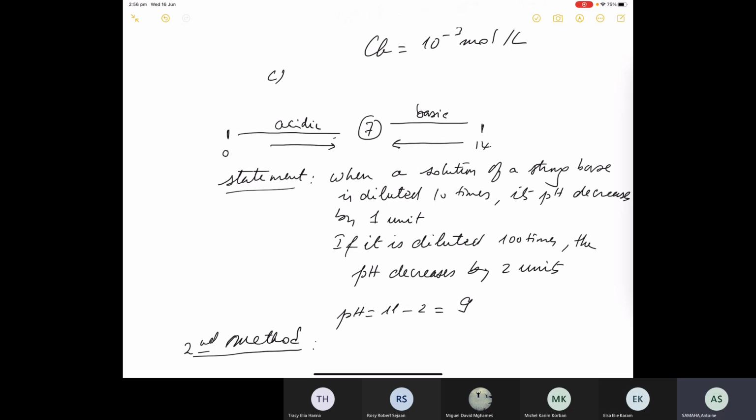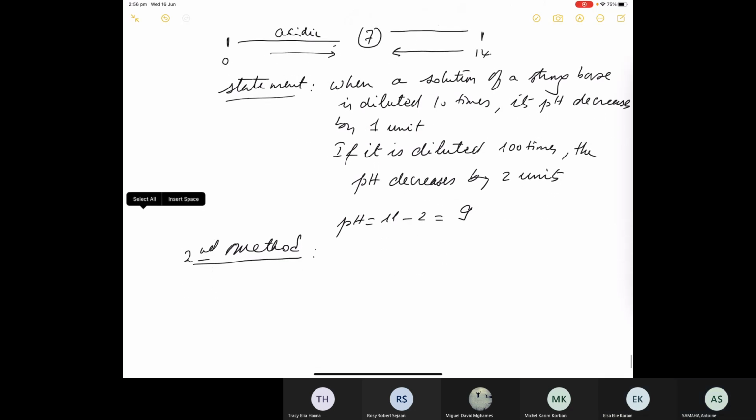Let's do the second method together. We have C0 V0 equal to C prime V prime. C prime is equal to C0 V0 over V prime.